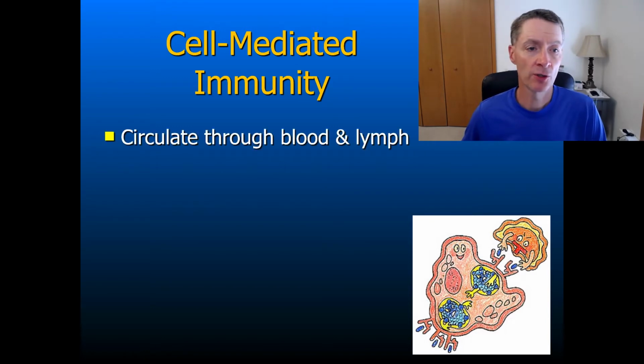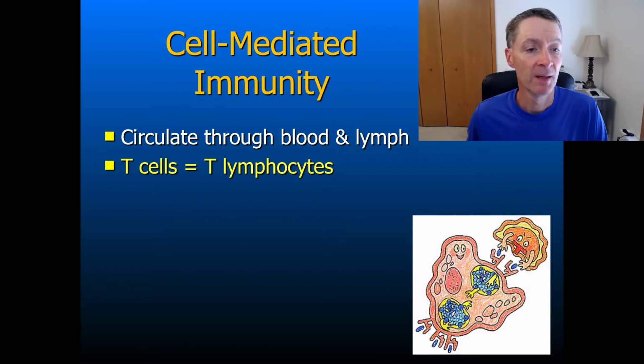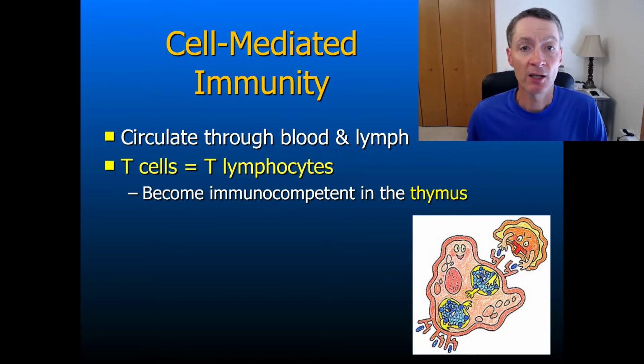We're turning our attention to those T cells that circulate through blood and the lymph. And these T cells, like the B cells, become immunocompetent. In other words, they too go to college and they become competent to be part of the immune system in the thymus. All right? So T for thymus, T for T cell.